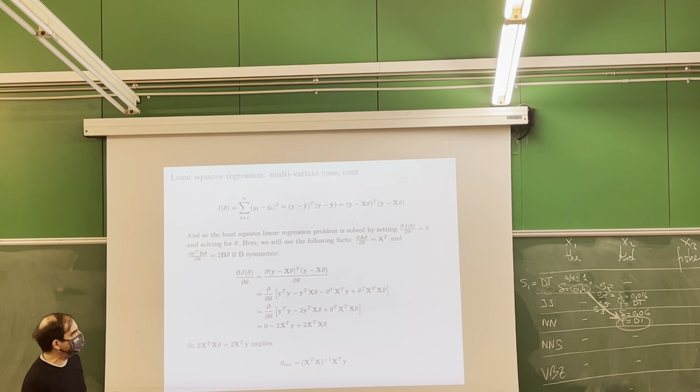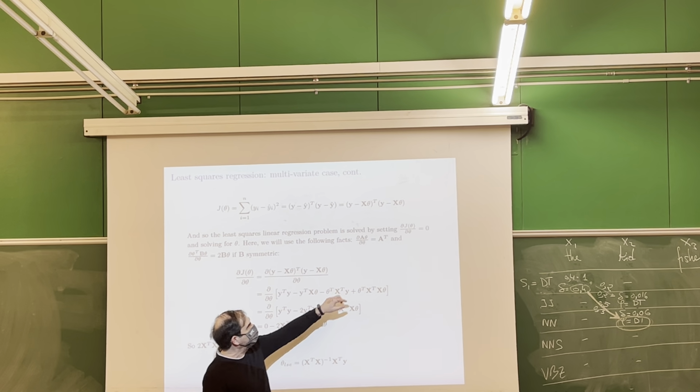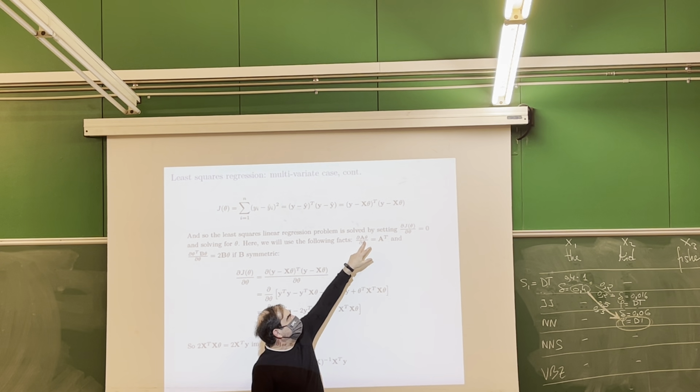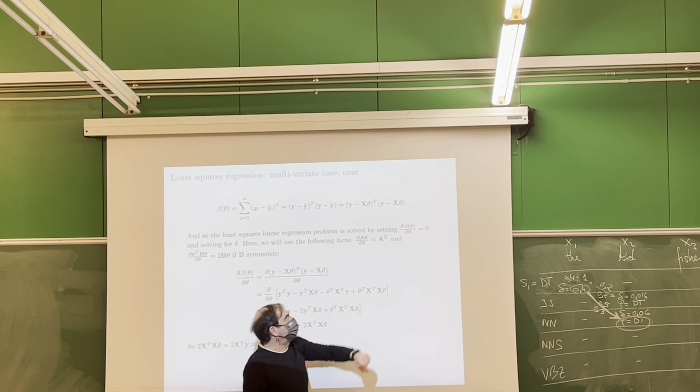In order to do that, we have to remember that the derivative of a matrix multiplied by the parameters, with respect to the parameters theta, is the transpose of the matrix.